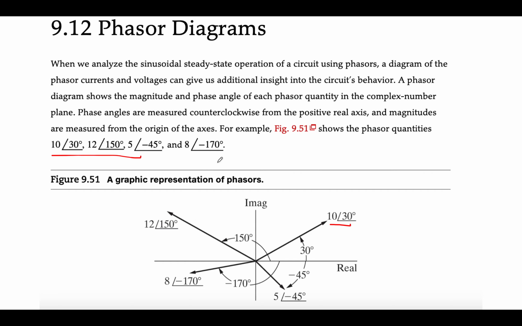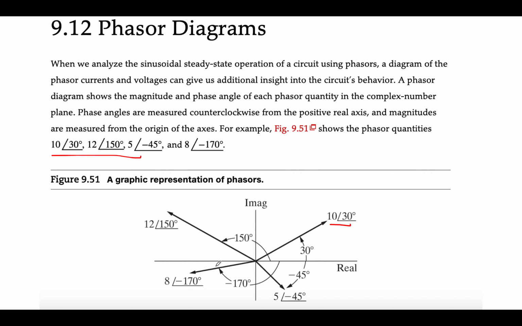Now I want to comment about these last two because it's standard in electrical engineering and phasor notation to only run your angle between plus and minus 180. So for example, instead of 190 degrees here, we switch that and give the negative equivalent, because we're 360 all the way around, so 190 is actually the same angle as negative 170.